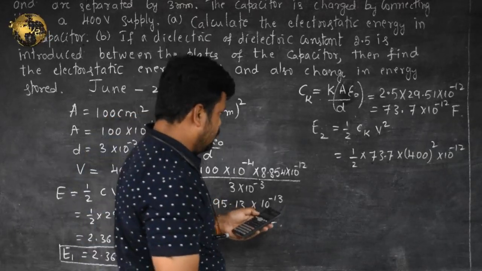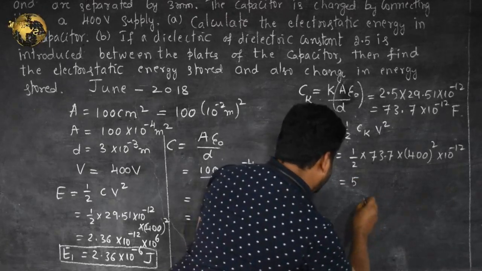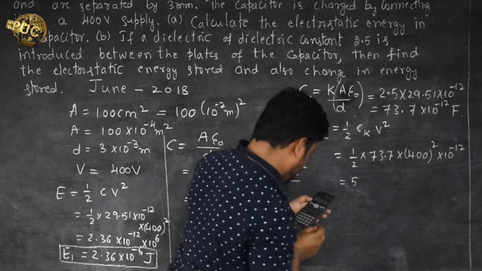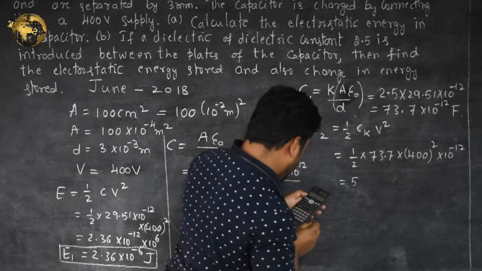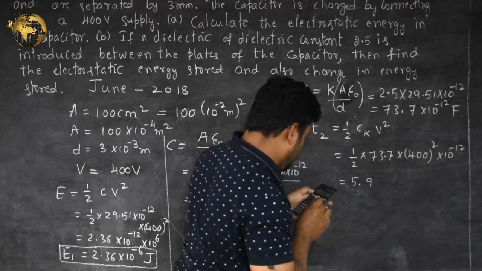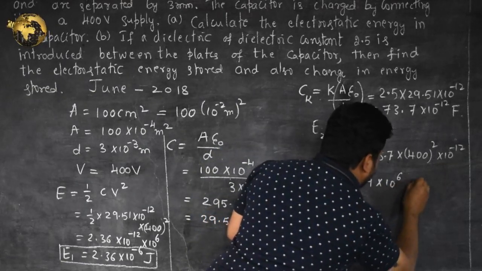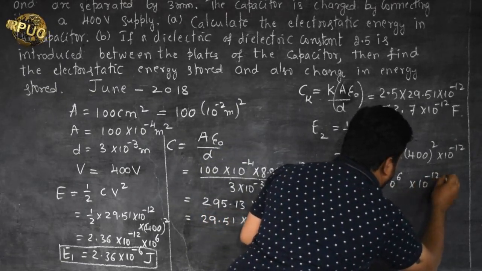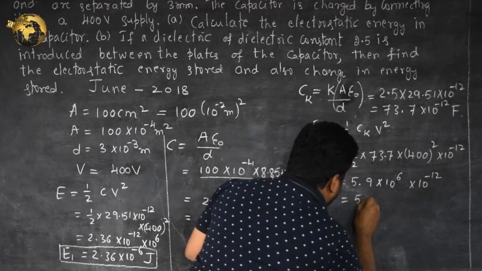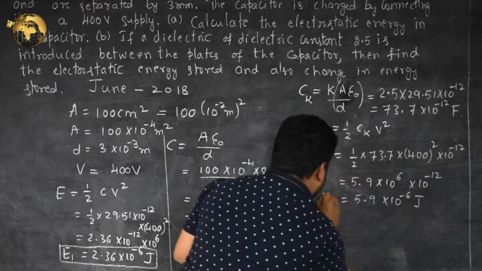We get 5.9 into 10 to the power 6 into 10 to the power minus 12. So we get 5.9 into 10 to the power minus 6 joules, that is E2.